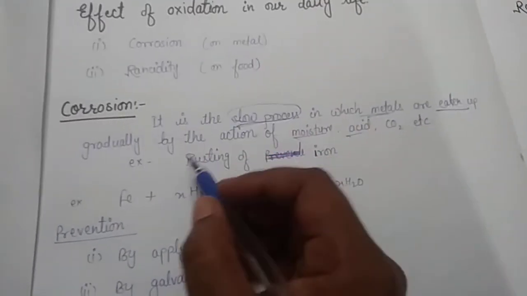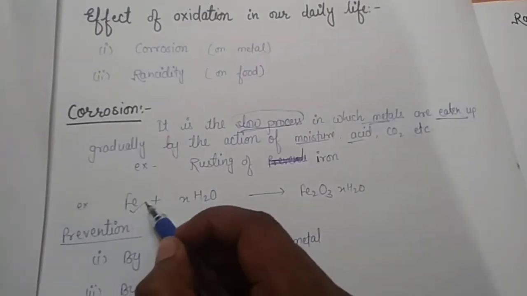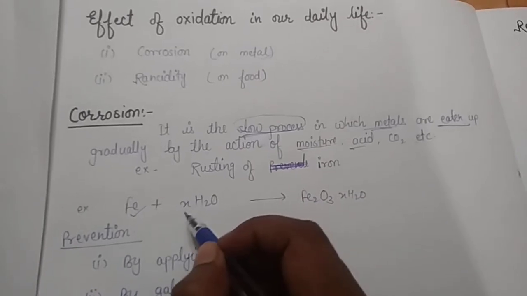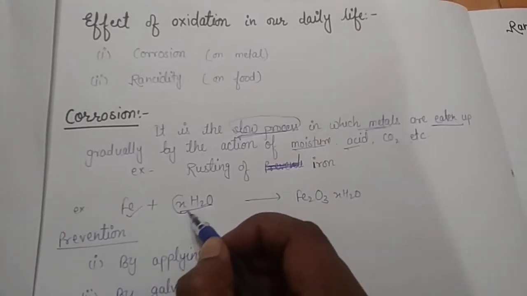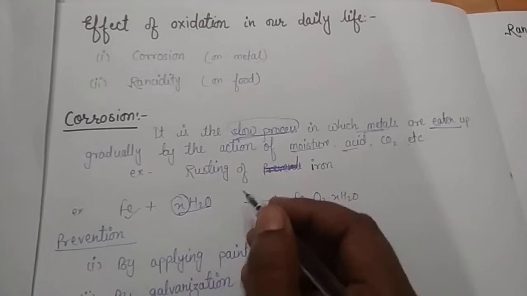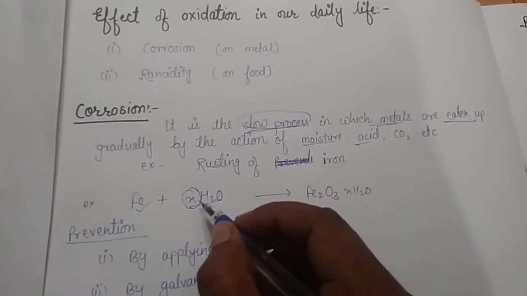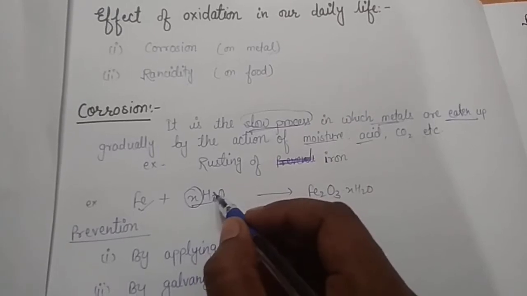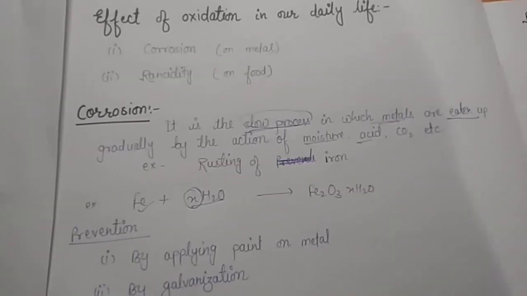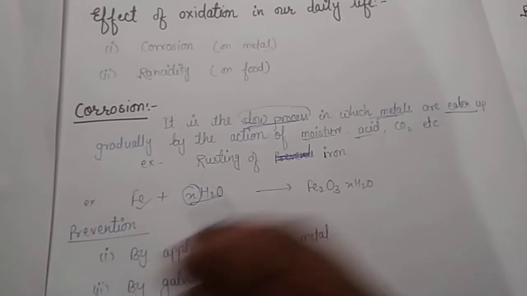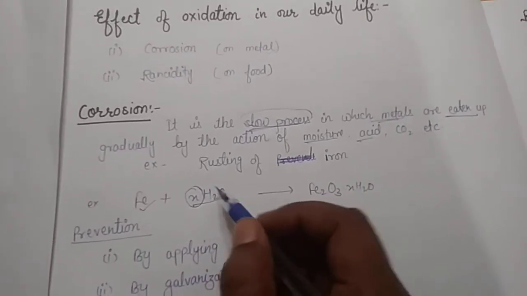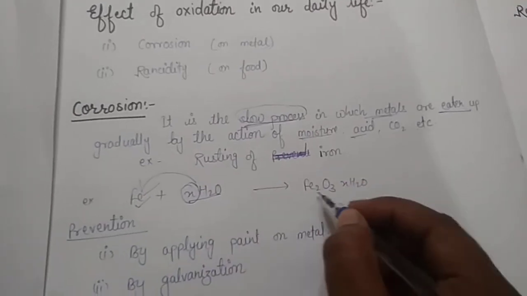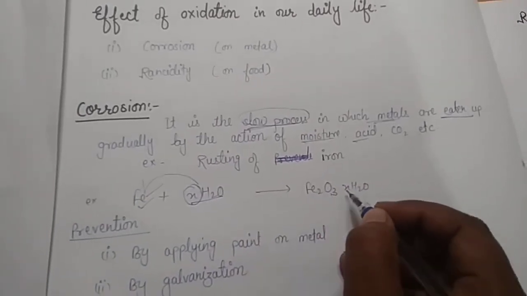Let us take an example. Fe, this is iron and this is water. X is the number of molecules of water. Clear, children? How many molecules of water will attach to the iron is not certain. So when it attacks iron, it forms Fe2O3.xH2O.